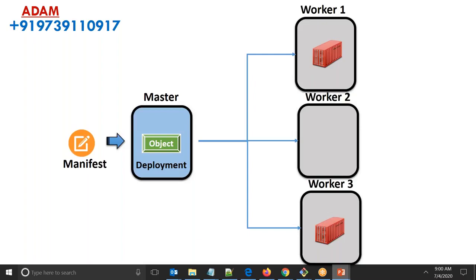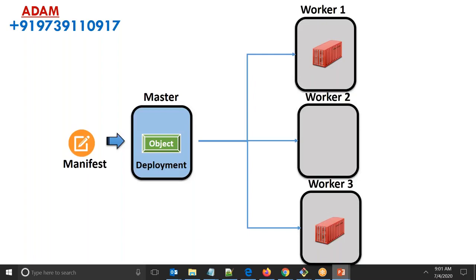Now understand this. In this example, I need two replicas and I have three machines. The two pods or replicas can be either created on a single machine itself, or it can create one in one machine. That is also possible, right? That is provided I have enough resource in a worker.